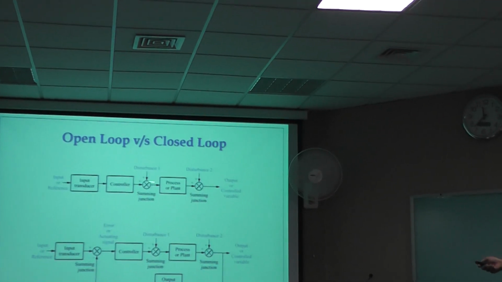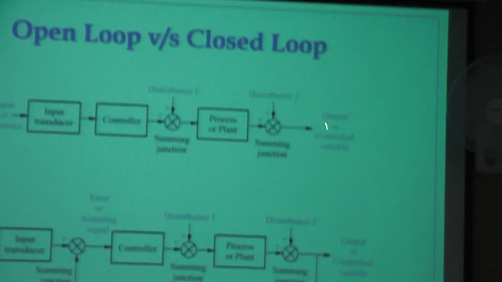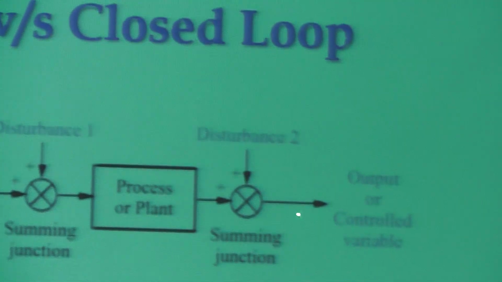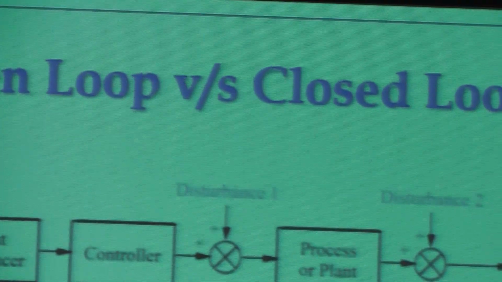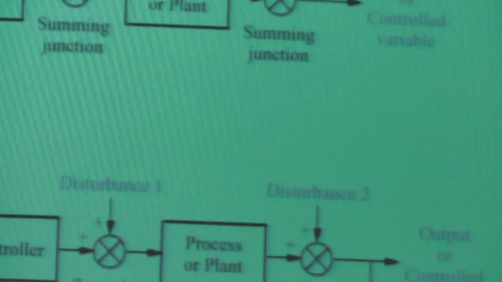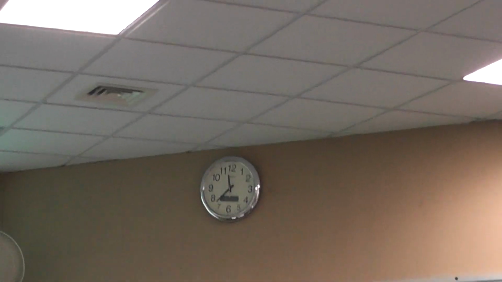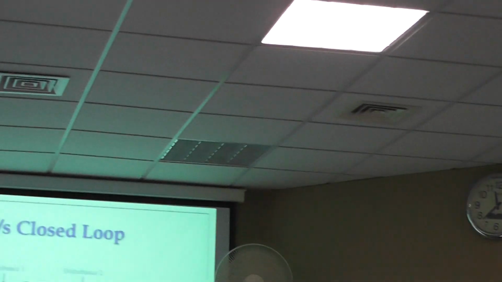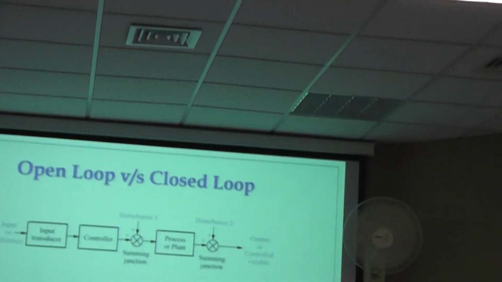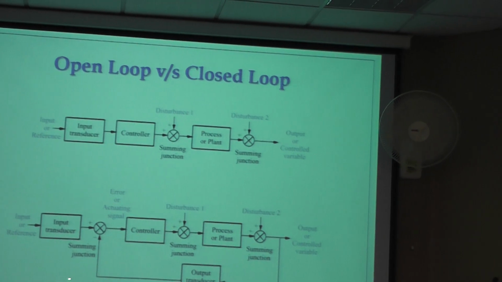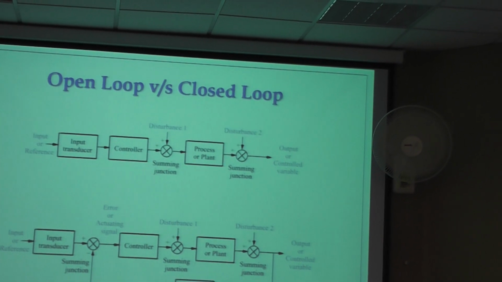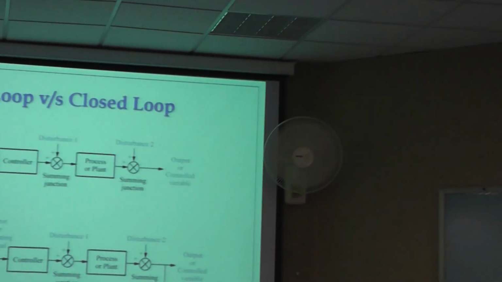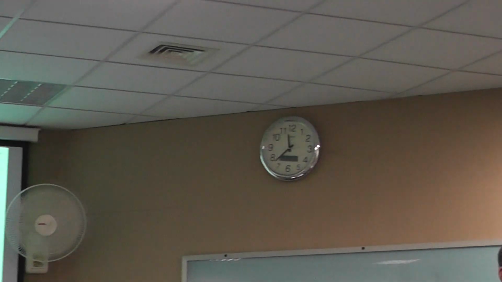It doesn't have information on how the output is behaving. So this signal doesn't go back, but in this case the signal goes back. So the controller has more information now, and now it is an error-driven system. Because now I'm looking at the difference between input and output, and as the difference between input and output reduces to zero, I don't have any signal.